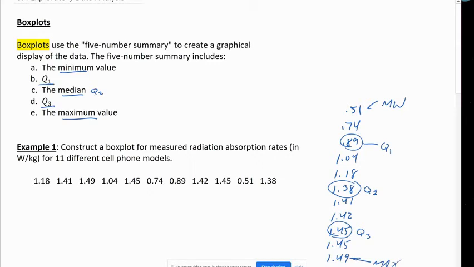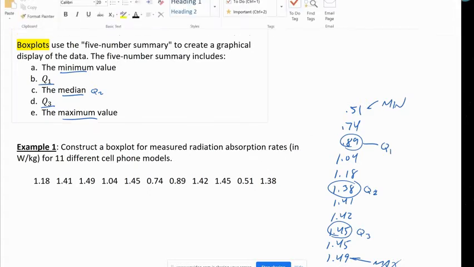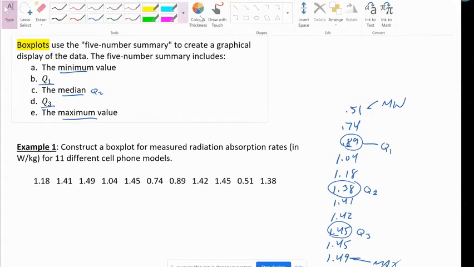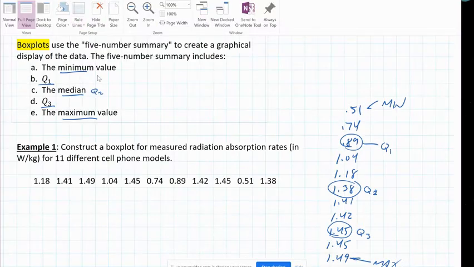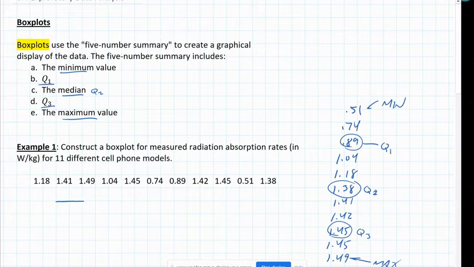So notice our values range from 0.51 to 1.49. And so I'm going to use graph paper for this one. Okay, so I'm just going to put a number line up here at the top.